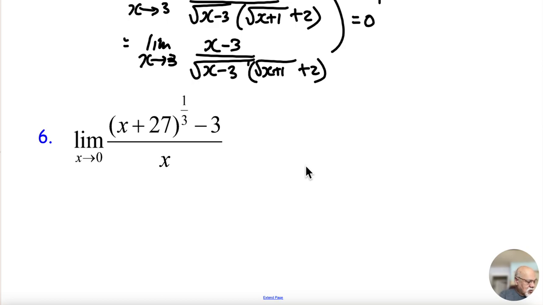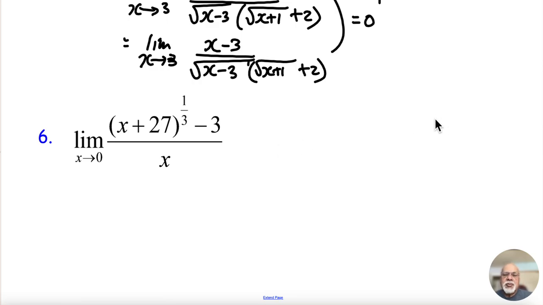Now, this next question, it looks like a difference of cubes. I know it doesn't quite look like that to you, but we could do that. Let's see. Now you're wondering why I said this could be written as a difference of cubes.